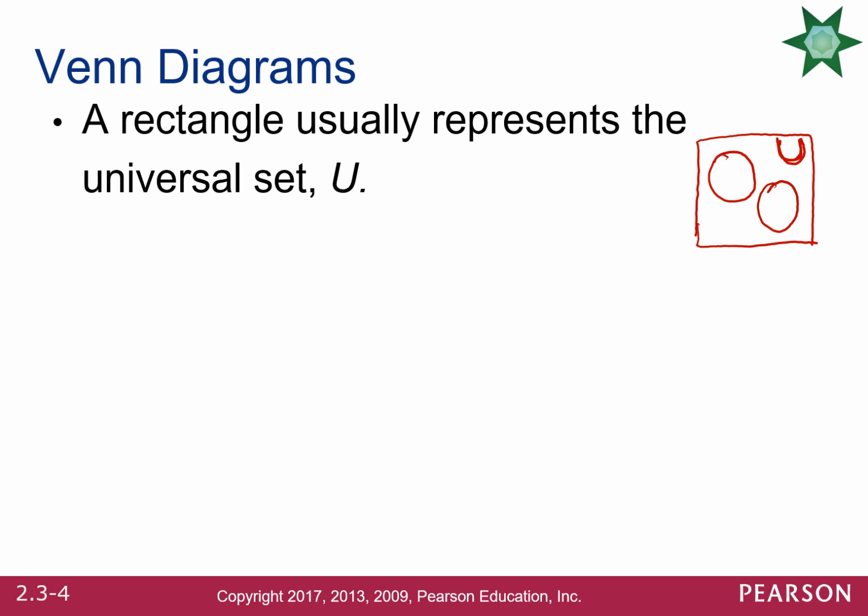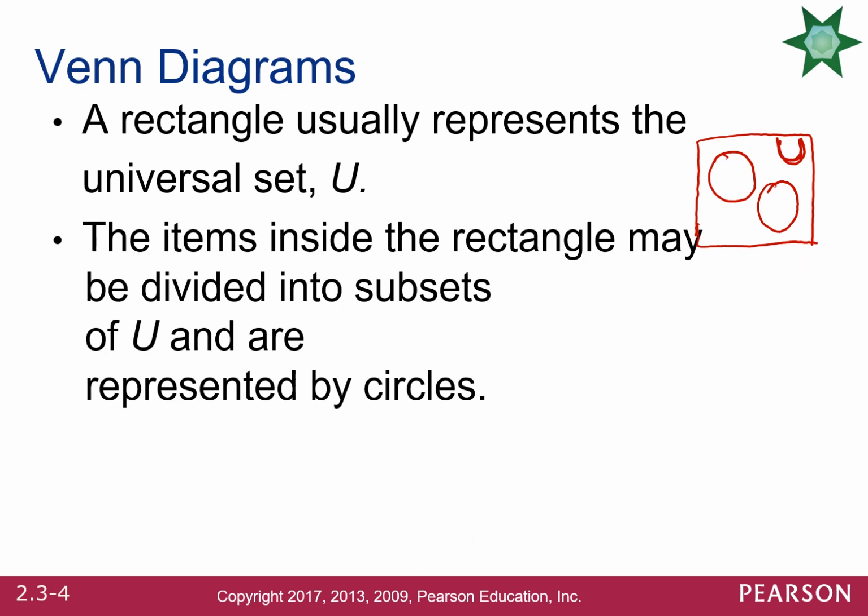All right, so the rectangle represents all values in the universal set, and then we can have different sets, more than two sets, shown as circles within the rectangle. All right, so let's go through the other information in this slide.